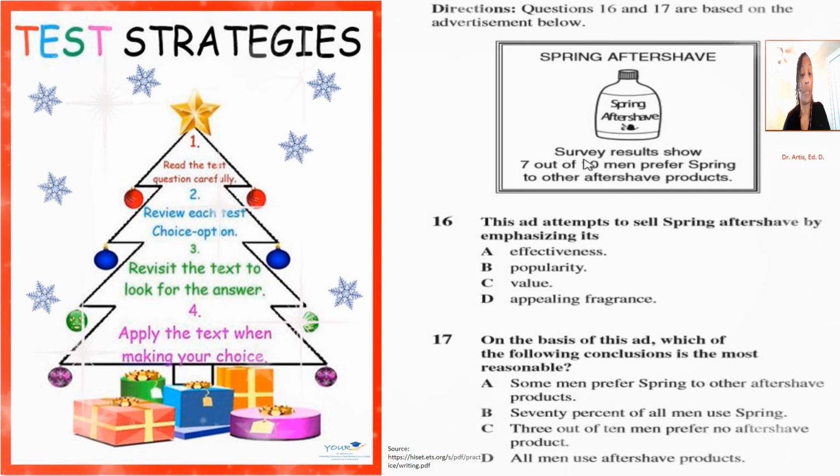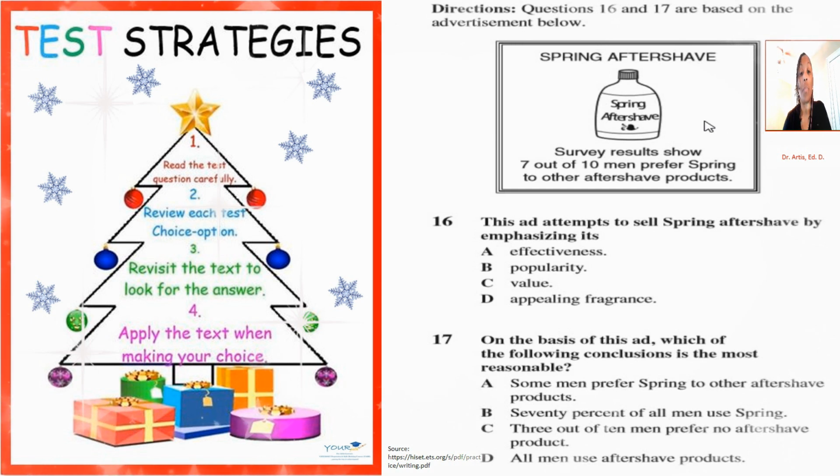Once you have thoroughly familiarized yourself with your ad, you're ready to answer your test items. When we look at test item 16, we have: this ad attempts to sell Spring aftershave by emphasizing its, and here you have your four options. Option A is effectiveness. But when we come back to our ad, it doesn't discuss the effectiveness of this product.